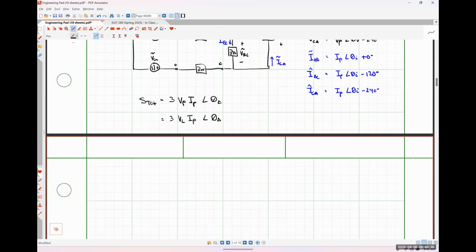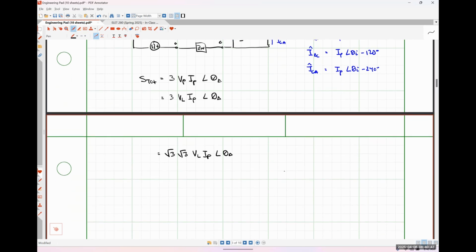So if I split that 3 up into √3 by √3 again, here I have VL, here I have IP angle theta delta, and I realize that √3 times IP is just IL for a delta connected load. I wind up getting √3 VL IL angle theta delta.